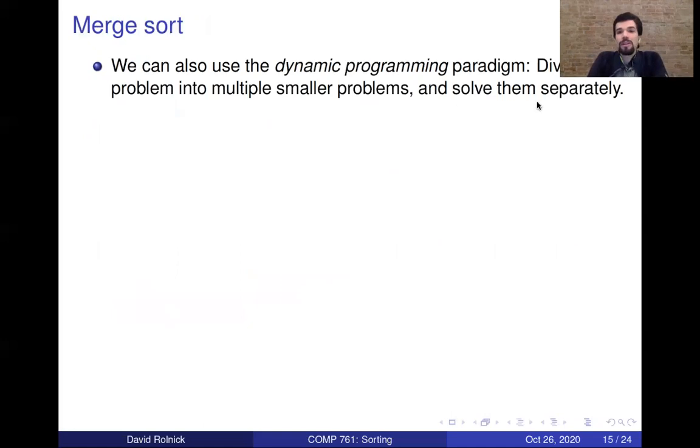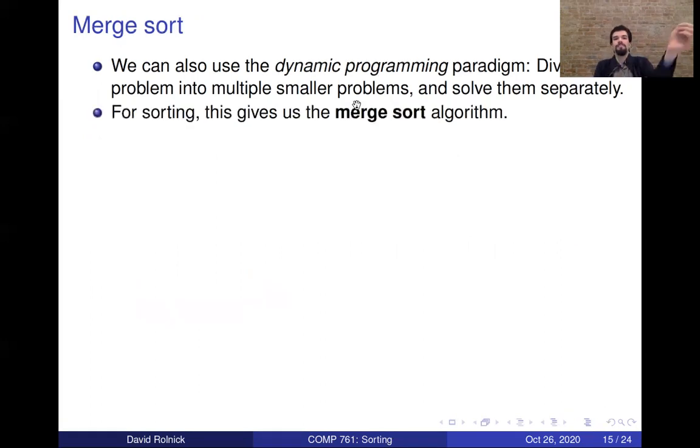So we can also use a dynamic programming paradigm, dividing the problem into multiple smaller problems and solving them separately. For sorting, this is going to give us the merge sort algorithm, and also the next one that we're going to look at, which is quicksort.